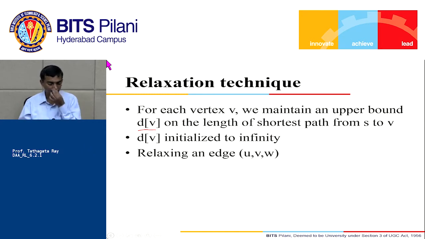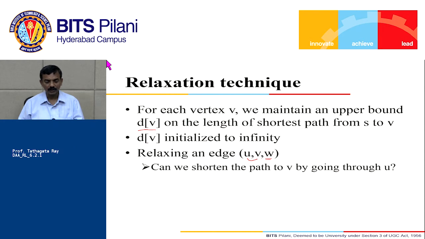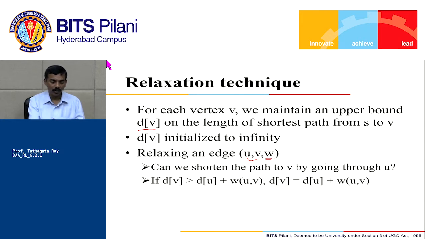Then if I get an edge (U, V) with weight W, where I'm coming from U going to V, we can shorten the path to V by going through U. When can that happen? Only if the current cost to V is more than the cost to U plus W(U,V).